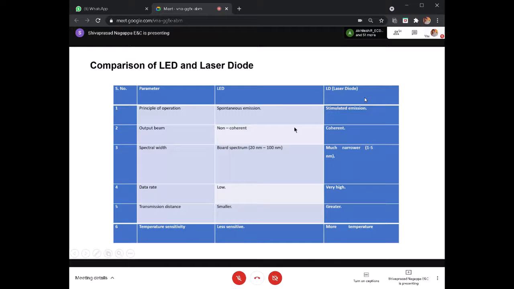Next, the comparison of LED with lasers. So the principle of operation, as I was already telling you, is spontaneous emission for the LED, whereas this is stimulated emission. We have already discussed what spontaneous emission and stimulated emission are. The output of the LED is non-coherent, and here the laser diode is coherent.